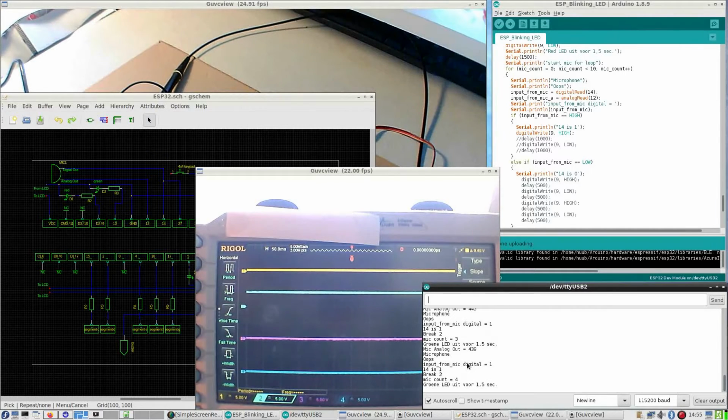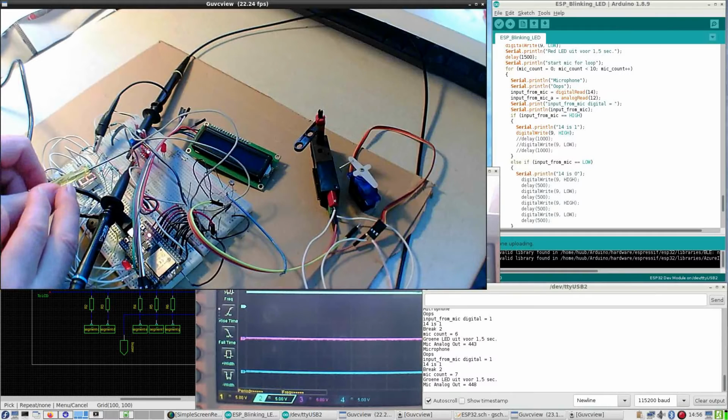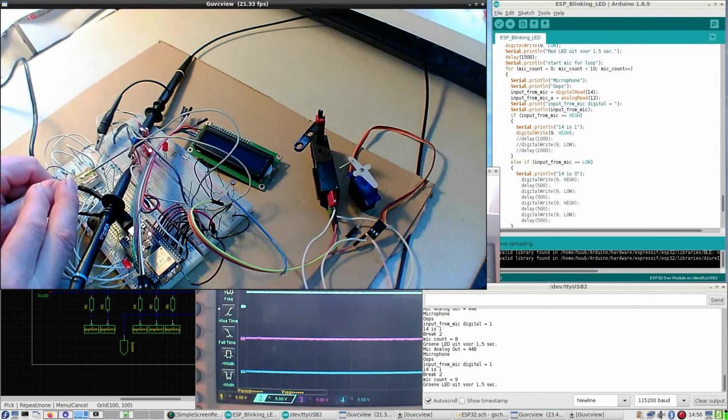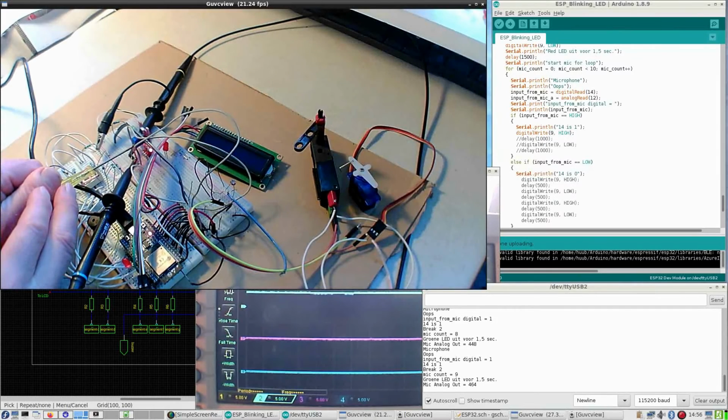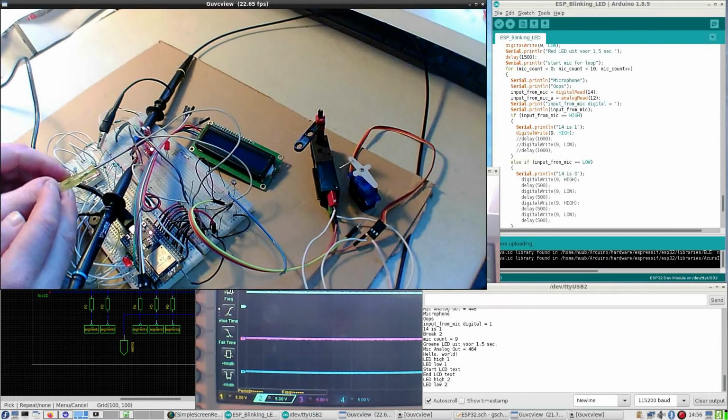One thing that I can do is carefully adjust the knob here, if it makes a difference.